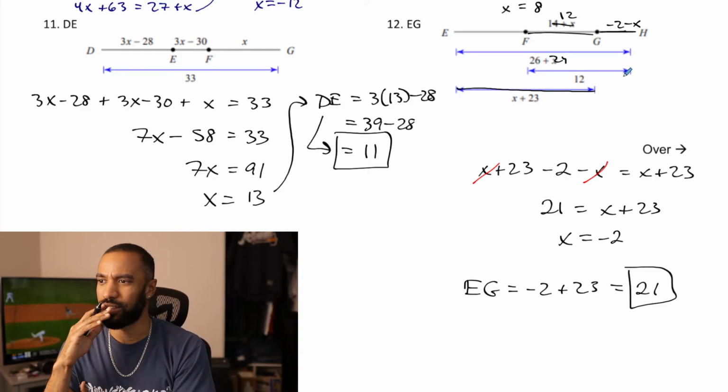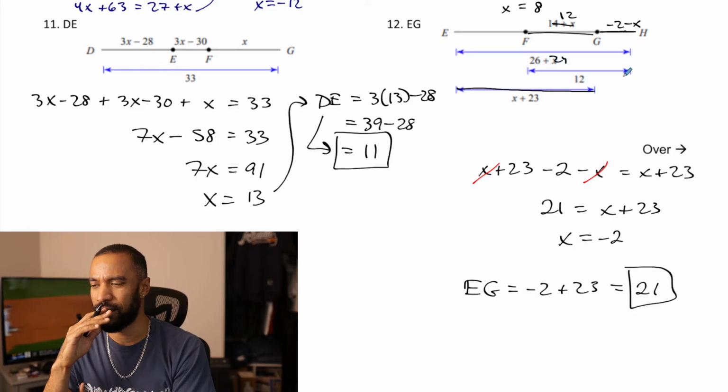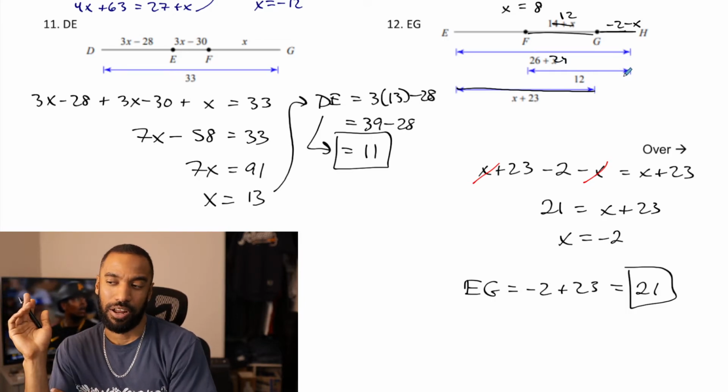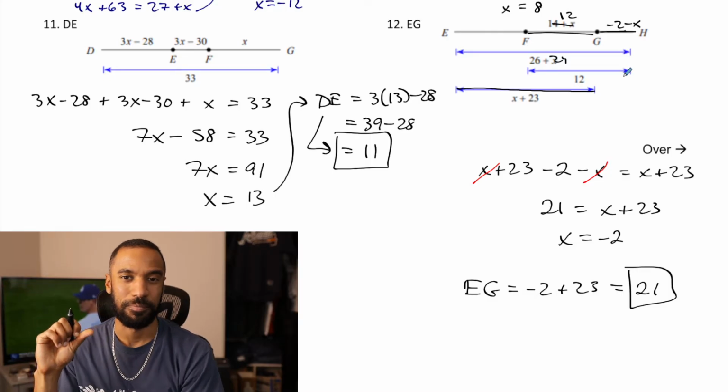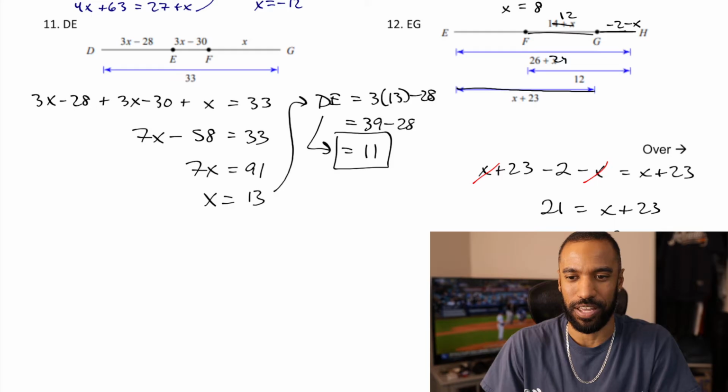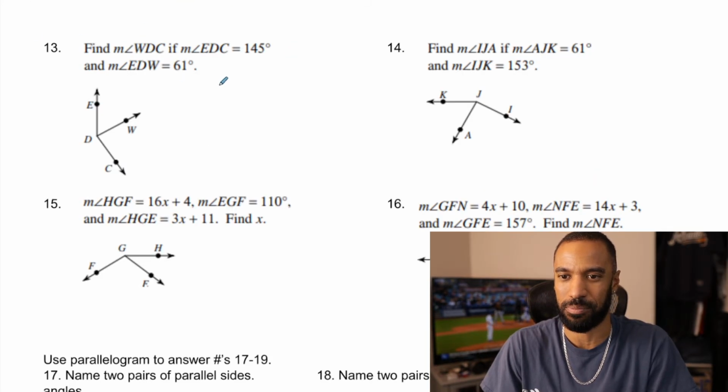I'd have to look at this a little better and see if I did it right. 12 minus 14 minus x, negative 2 minus x. It looks fine to me. I don't know if I did it right or wrong, but that was my plan. If someone else gets a different answer, let me know in the comments section. Some of these problems can get a little weird, depending on how they set them up.